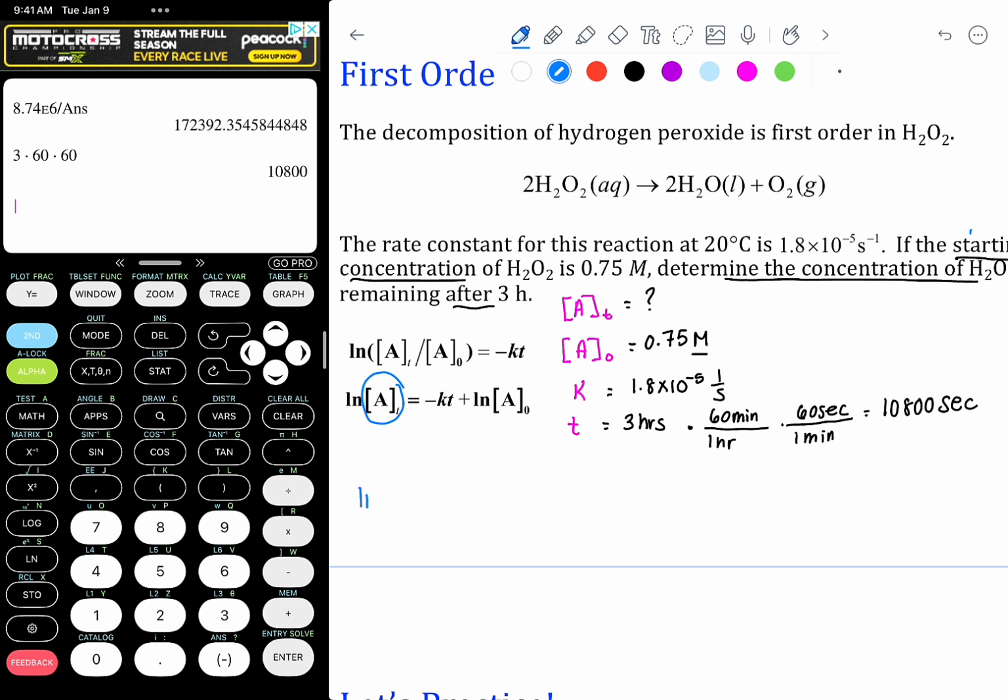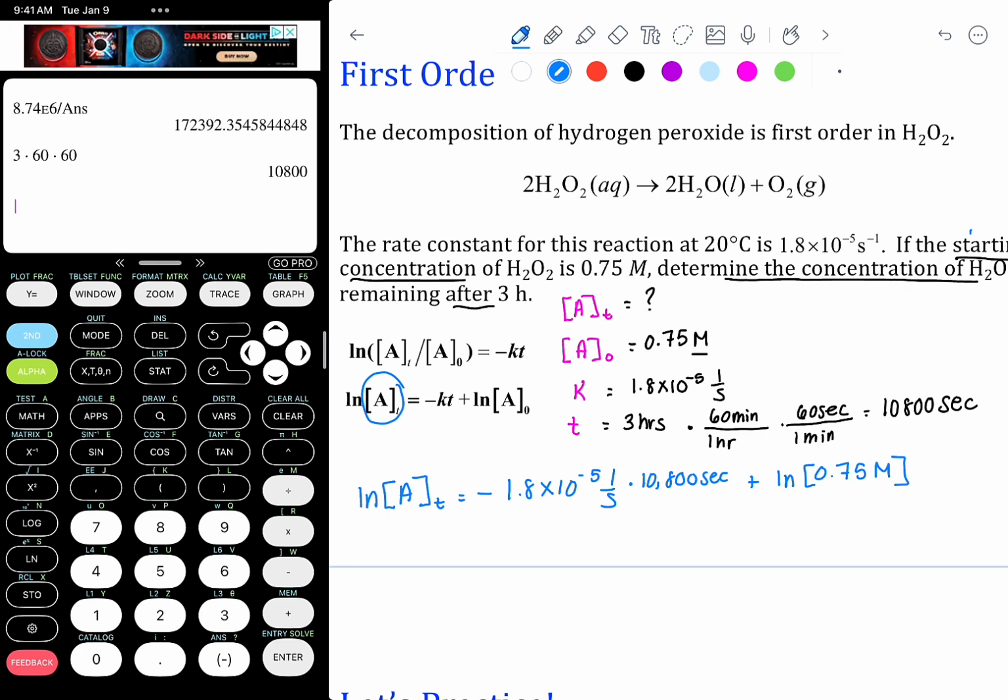So we have ln of A sub t is equal to negative k, 1.8 times 10 to the minus 5, 1 over seconds, times our t, which was 10,800 seconds, plus the natural log of our initial concentration, 0.75 molar. Now we can see that when we do this multiplication of k and t, seconds are going to cancel, leaving us only with units of molarity for our final answer, which is what we want because we're looking for a concentration.